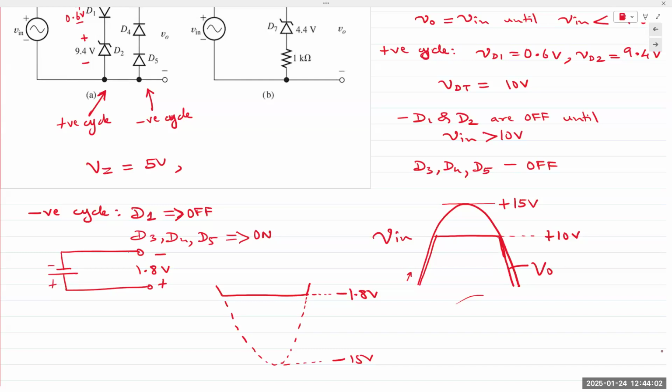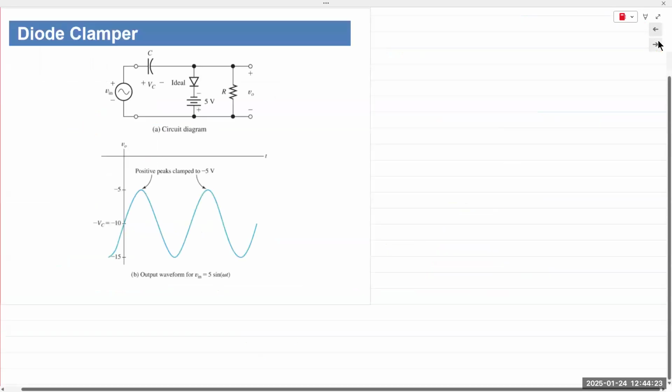Downside of Zener clippers versus the previous one. With a DC battery, you can change the voltage level. With a Zener, you're fixed. So you can't change the voltage level.